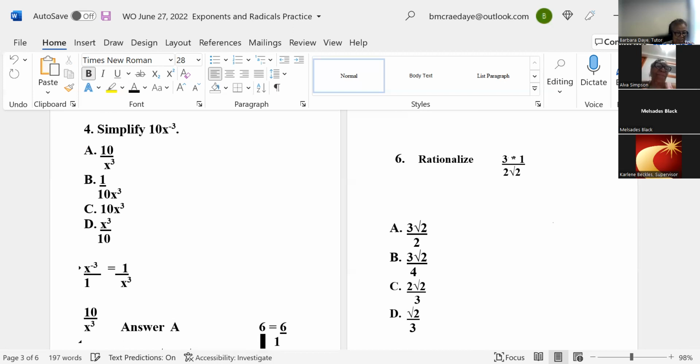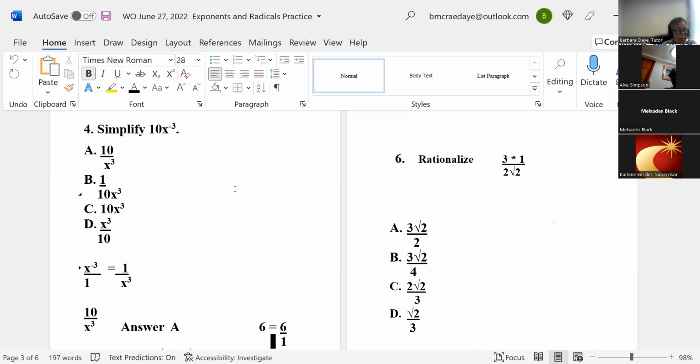This 10 stays where it is, but the x is the base, and the power is the negative 3. That's what's changing right here. That becomes 1 over x to the third. So if I multiply 10 times 1 over x to the third, I just get 10 over x to the third. Got it? That's a very important rule.